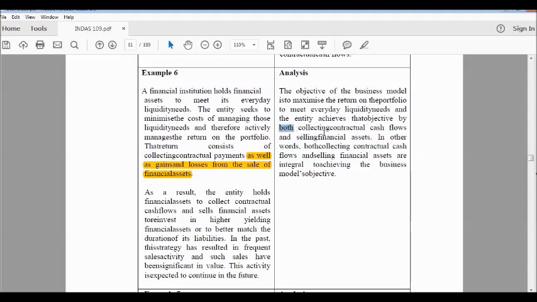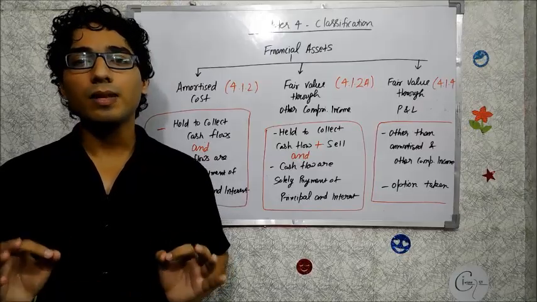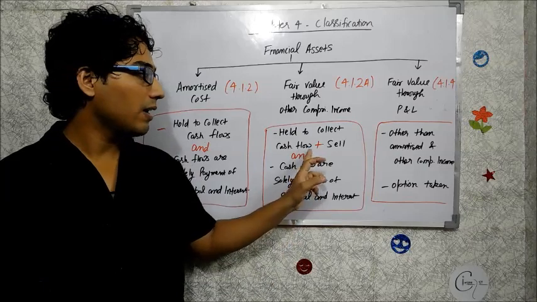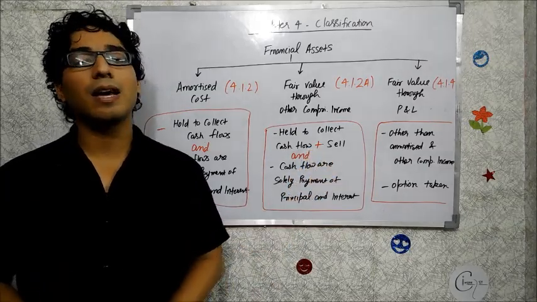In other words, both collecting cash flows and selling financial assets are integral to achieving the business model's objective. So in our example, we have now seen that your objective for the financial asset is both to collect the cash flow as well as to sell it.